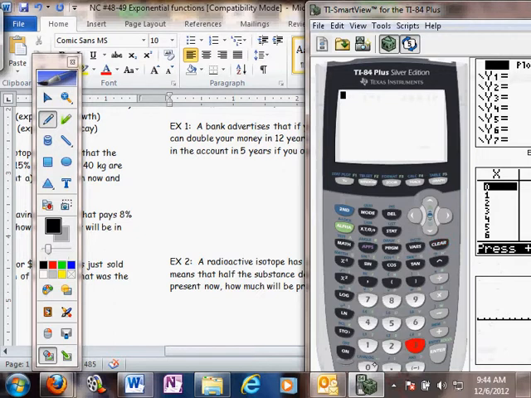So I have 3,000 times 2, and I'm just putting it in just like I had it, to the power of, parentheses because it's a fraction, t over k. So it's going to be 5 over 12. So in 5 years, I'm going to have $4,004.52.